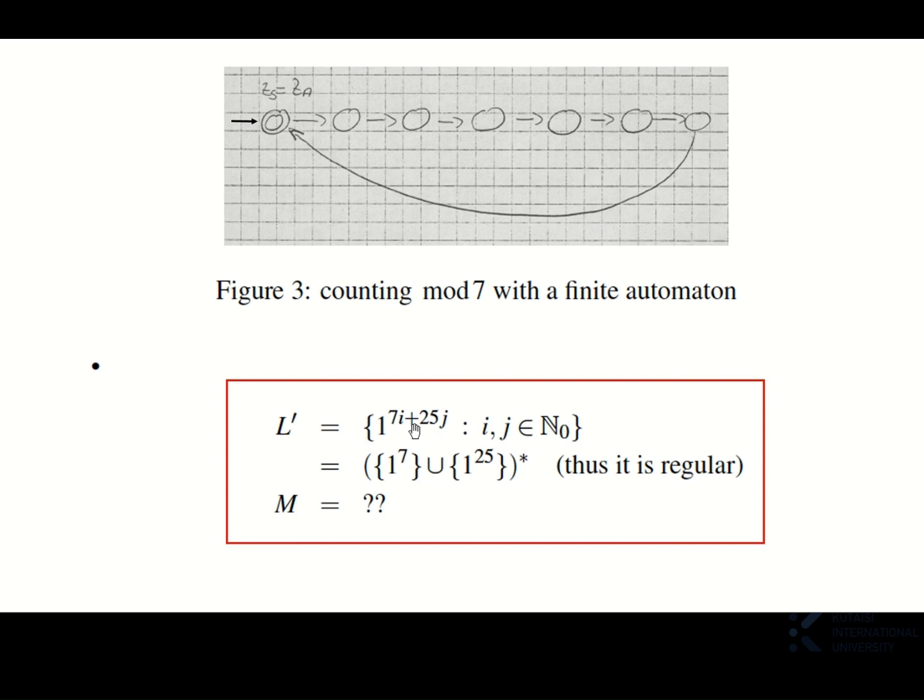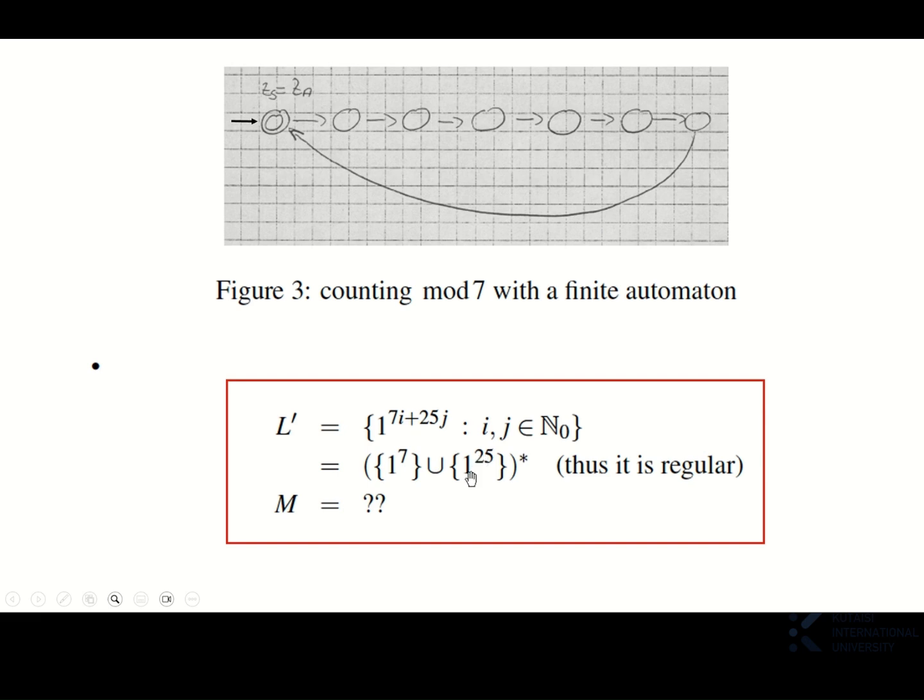But it doesn't contain 21. Well, it does contain 21. It doesn't contain 31 ones, because you cannot write it as a multiple of 7 plus something times 25. Now, obviously this language is regular, because 7 ones is regular, being a concatenation of 7 ones.